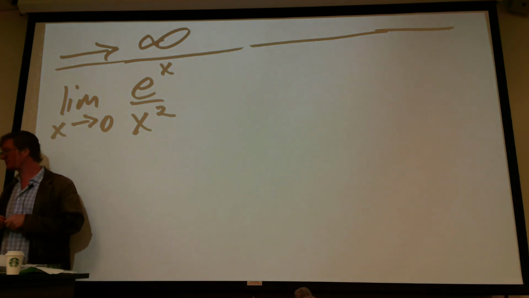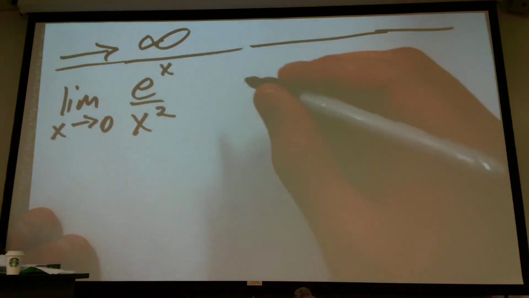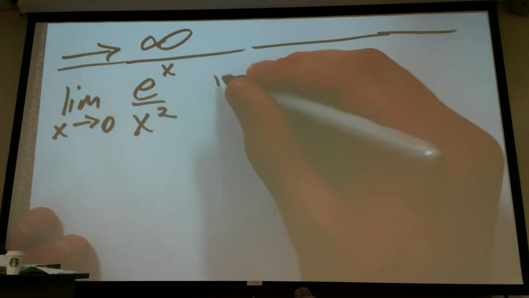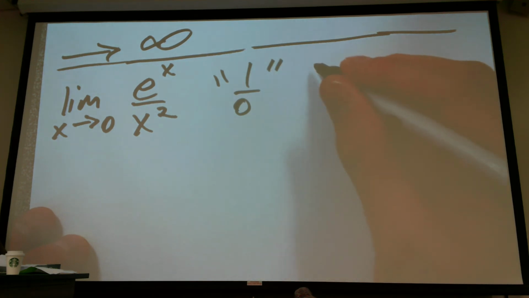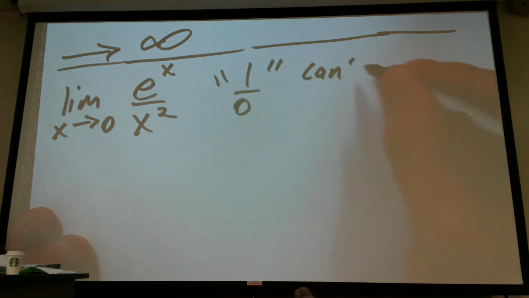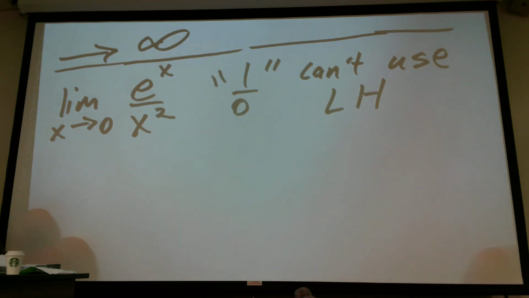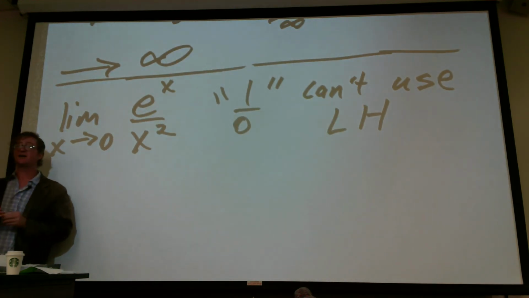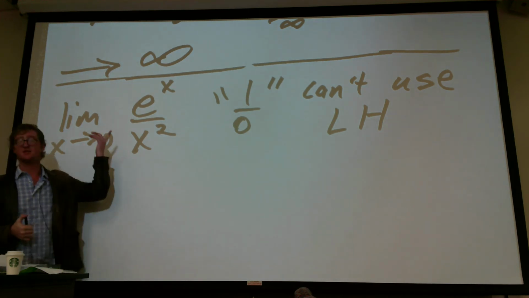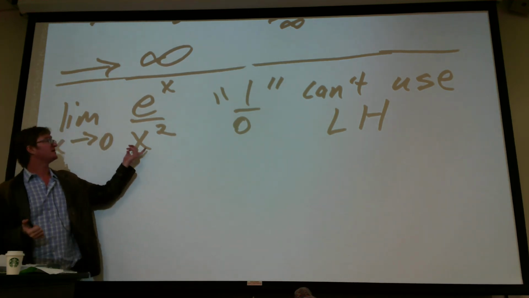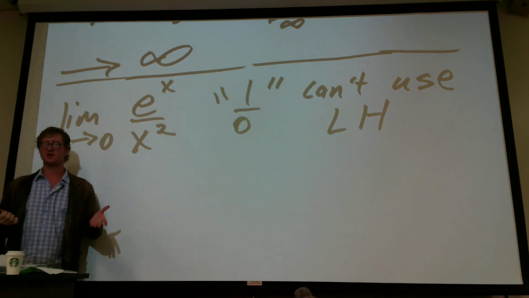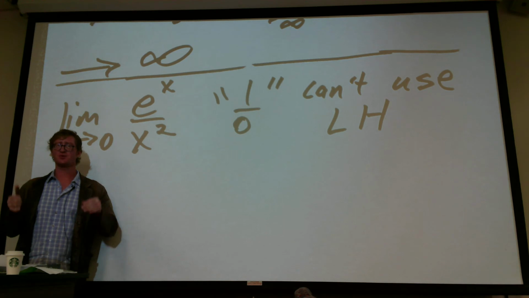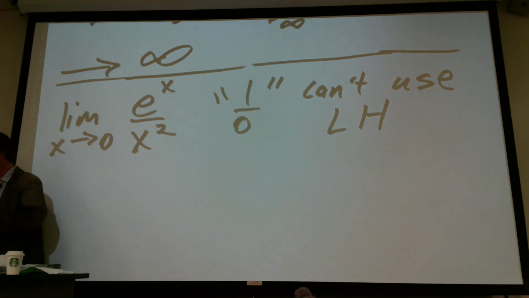So with this problem, okay, if I said e to the 0, well, e to the 0 is really just 1. And then this guy is headed towards 0, so it is not the correct form, so we cannot use L'Hopital's rule on that problem. All right?